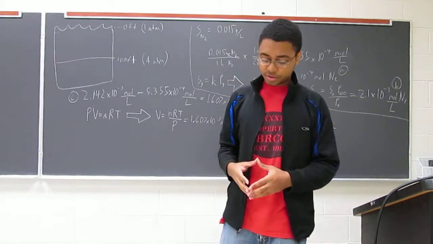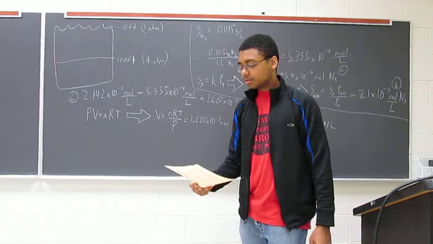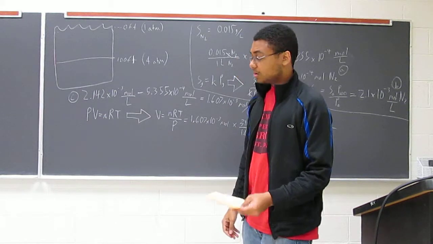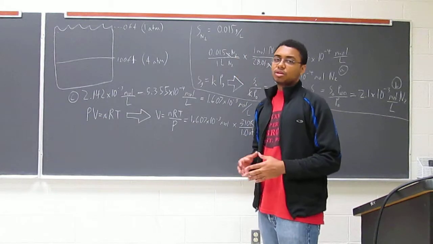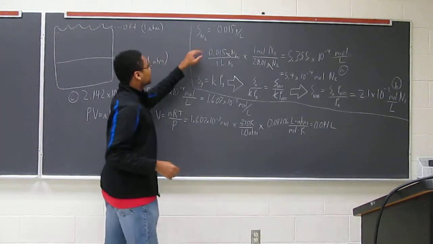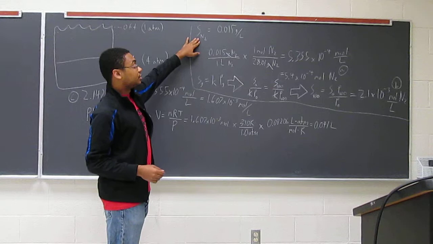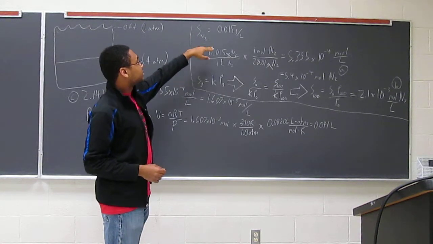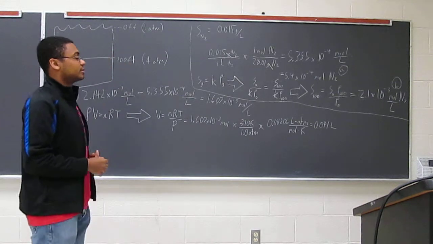So first, in part A, we calculate the number of moles of nitrogen gas dissolved per liter of blood, and we assume that blood is more or less an aqueous solution. So we start off here, if I may direct your attention here. Solubility of nitrogen gas, again, is 0.015 grams per liter.